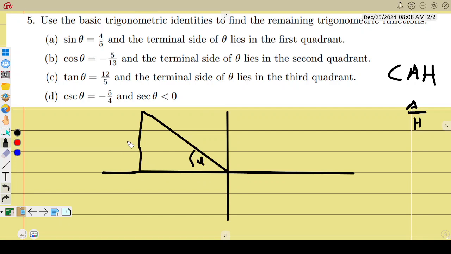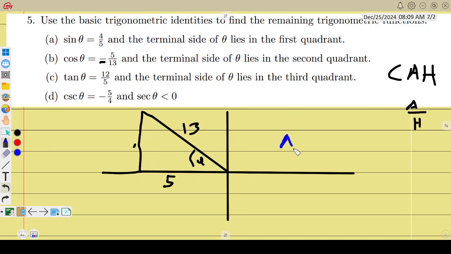Okay, adjacent is 5. The adjacent is 5. So this side is the opposite. So the adjacent is 5. The hypotenuse is 13. Okay. So for the negative which is in front here, you can assign it to -5. But the negative is just telling you that cos is somewhere where it is negative.